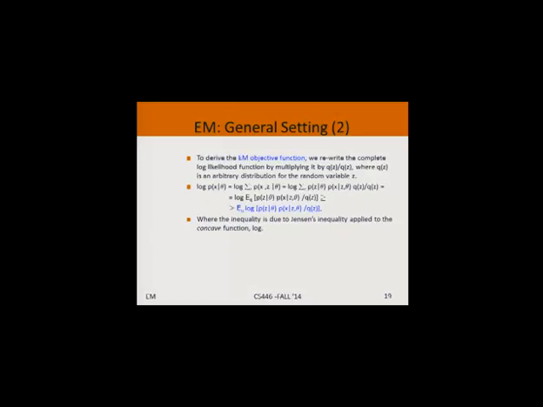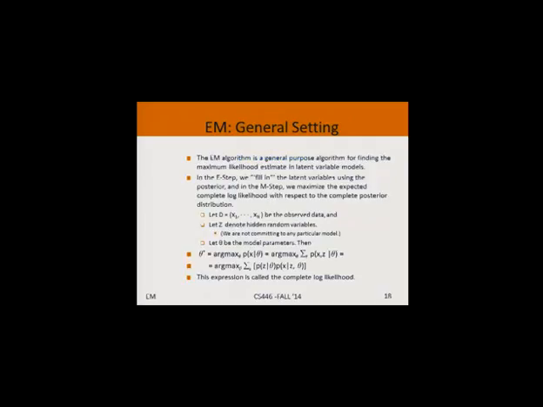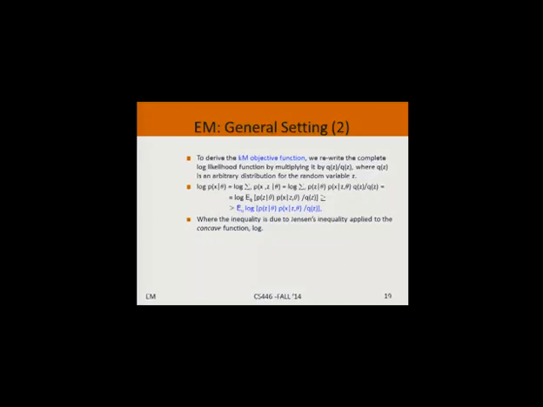I really haven't done anything yet. So we want to derive an algorithm. And as we said, we want to maximize this. And as I showed in the previous example, it's not easy to maximize this as is. So we're going to derive a simpler objective function that we're going to maximize.